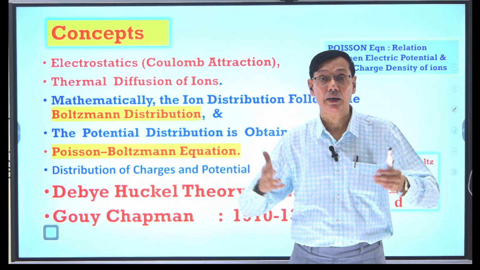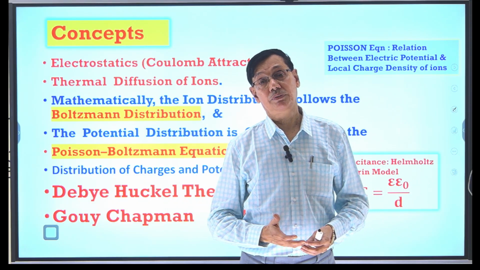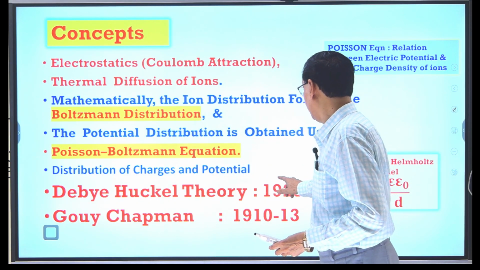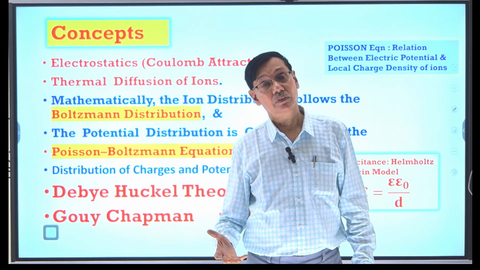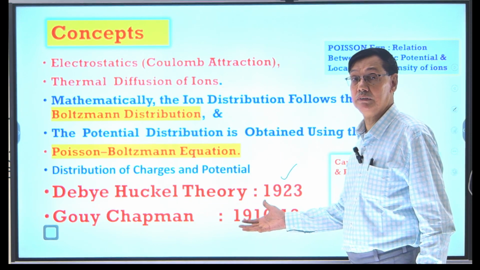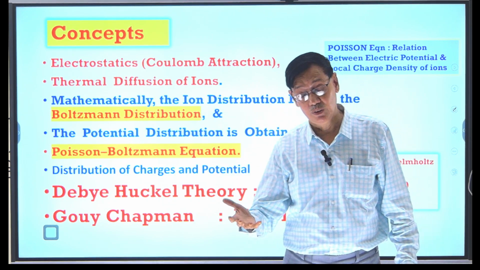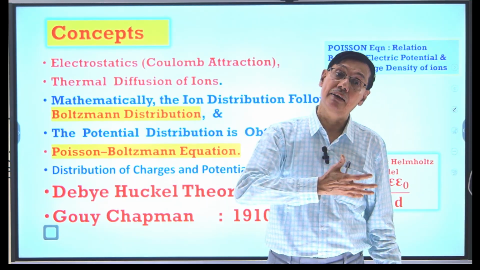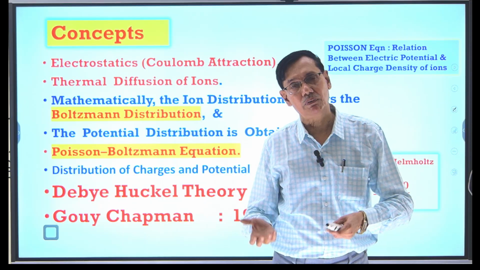The question will come to your mind that the Debye-Huckel theory was developed in 1923, whereas the Gouy and Chapman theory was developed in 1910. That means this was invented 10 years before the Debye-Huckel theory. So why are we talking about the Debye-Huckel theory?